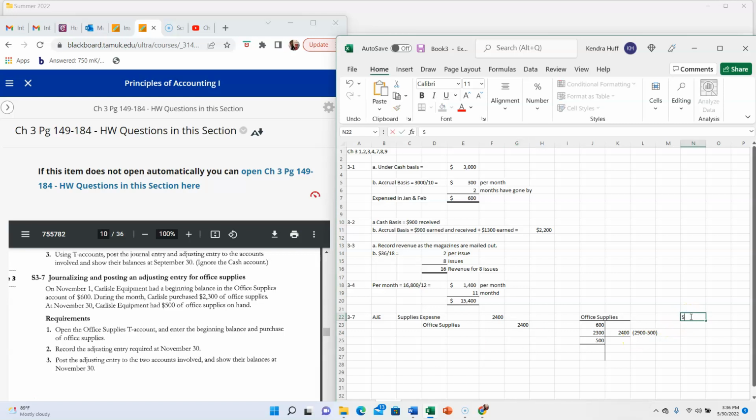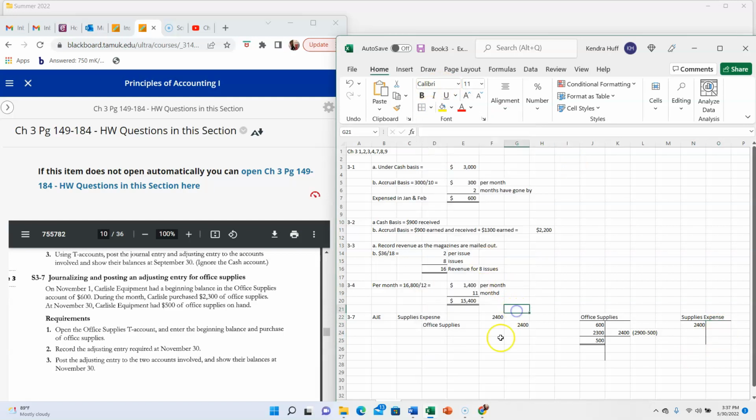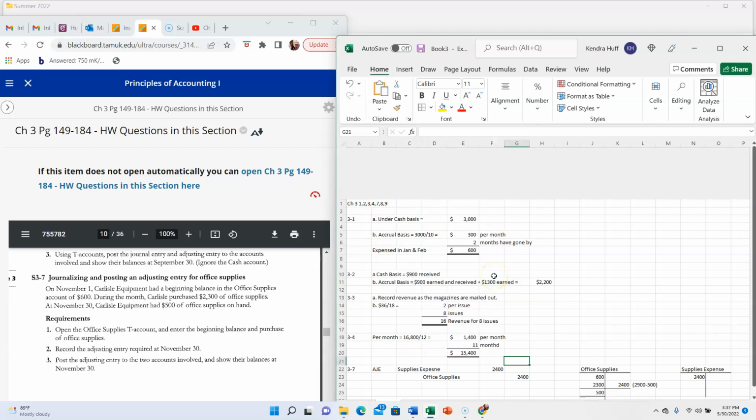They also want us to do a supplies expense. So this $2,400 goes over here. We had a credit to office supplies, and it goes to the debit side of supplies expense. And that's it for that one.